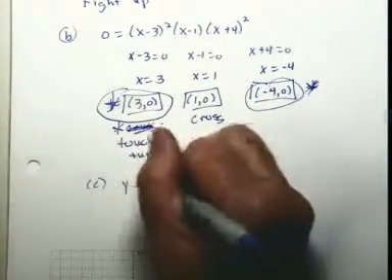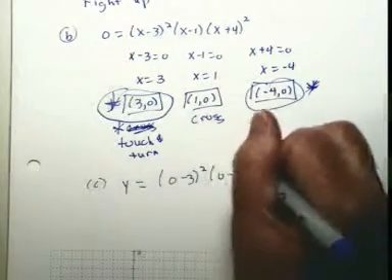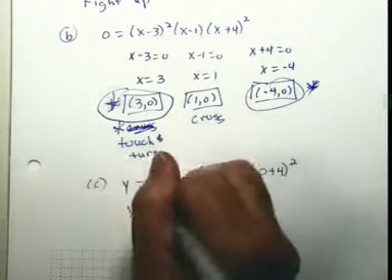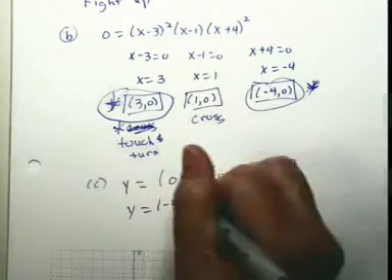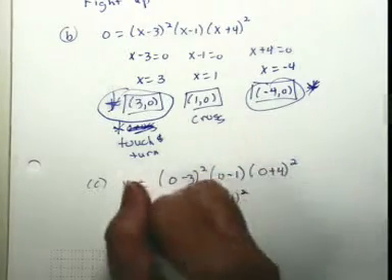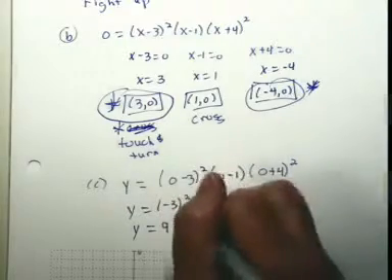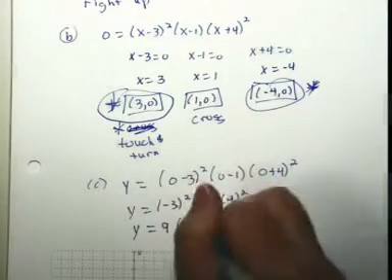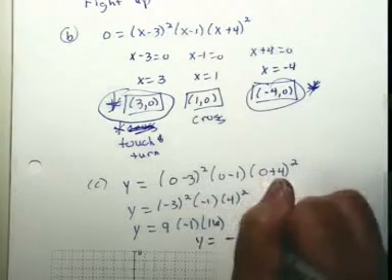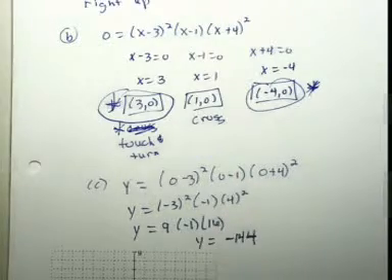And if I let x equal 0, 0 minus 3 squared, 0 minus 1, 0 plus 4 squared. Is that 144?